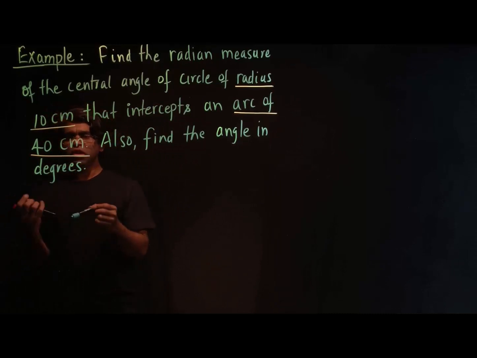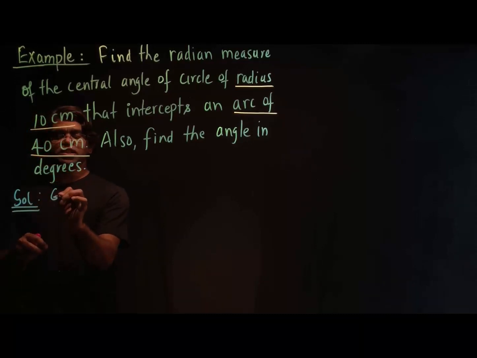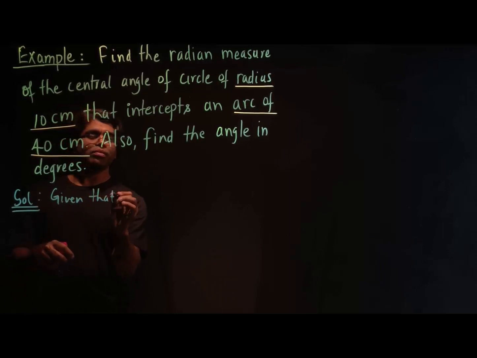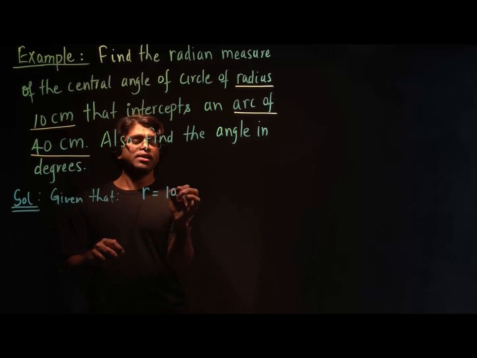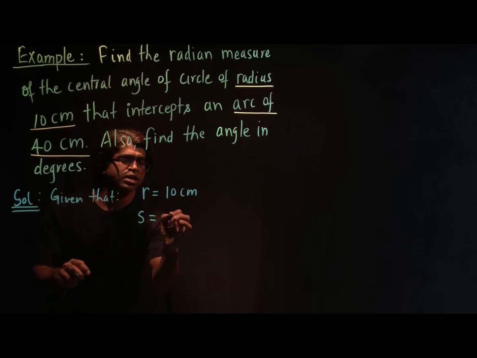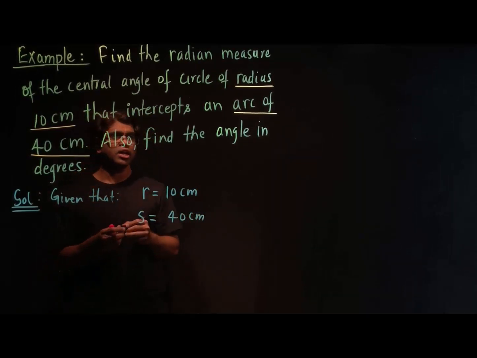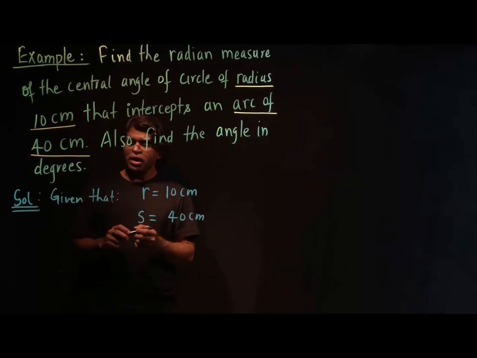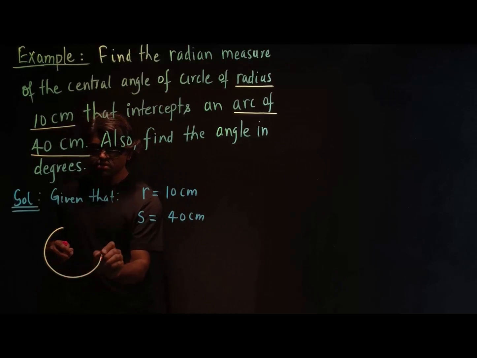So first thing first, I'm going to write what is given. The radius is 10 centimeter and the arc length is 40 centimeter, right? In order to explain this, I'm going to consider a circle. So this is my circle.